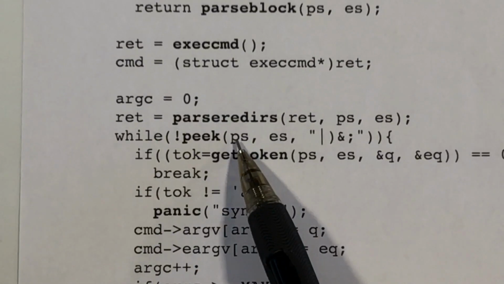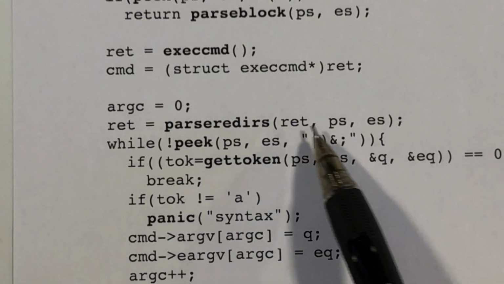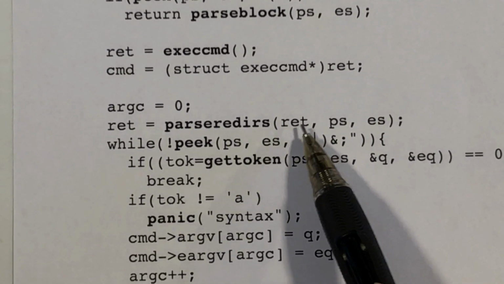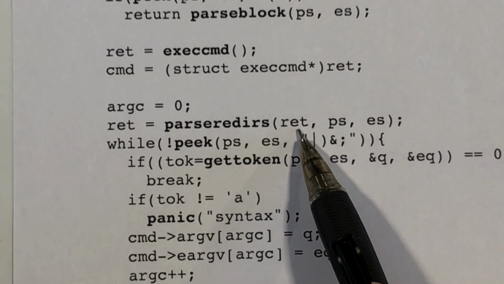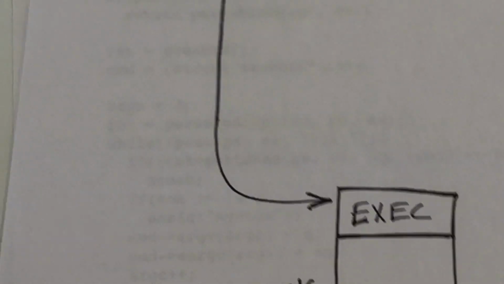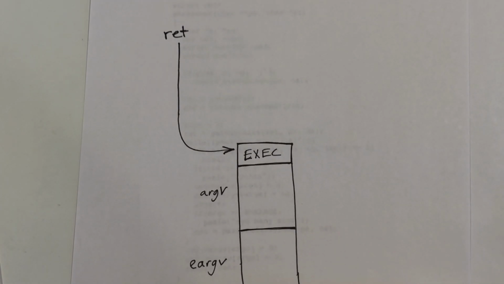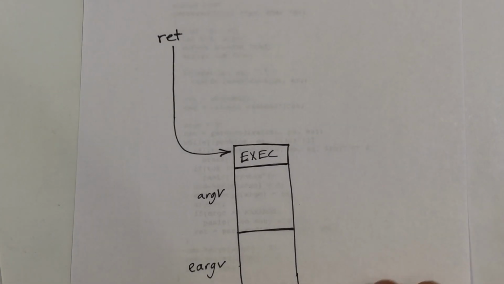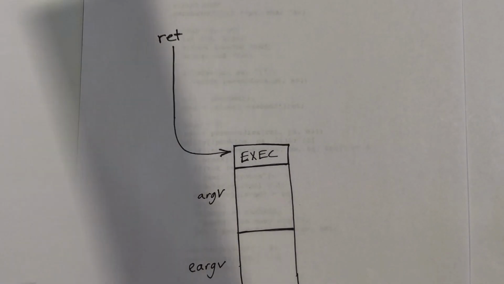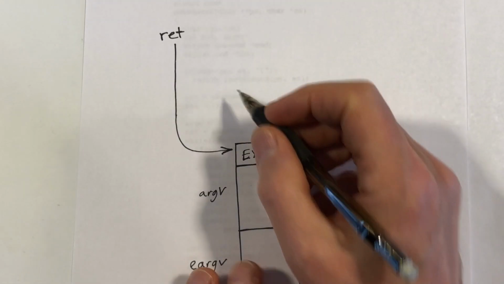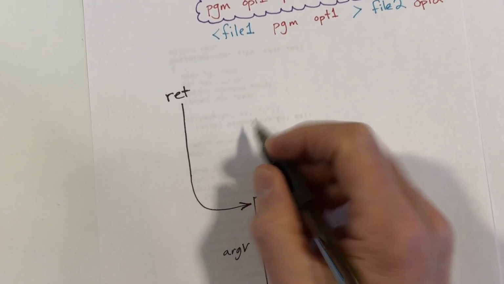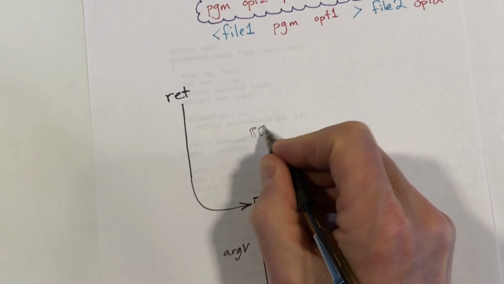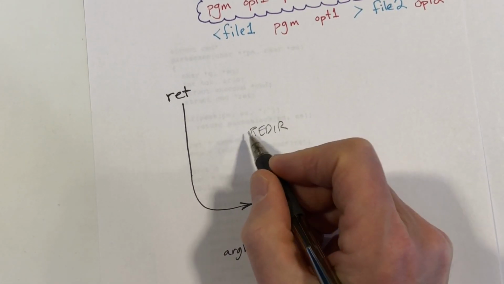Then we're going to call parseRedirs here, and we're going to pass it the tree that we've built so far. Well, the tree that we've built so far is just this exec node that hasn't even been filled in. But remember what parseRedirs does. It's passed a tree, and it will allocate a redirection node.